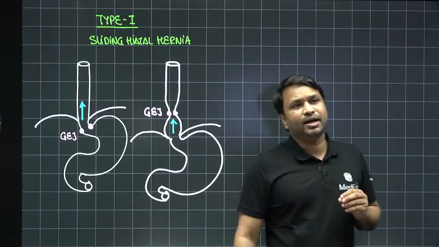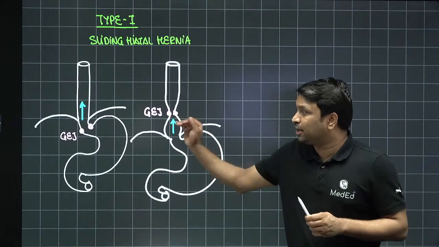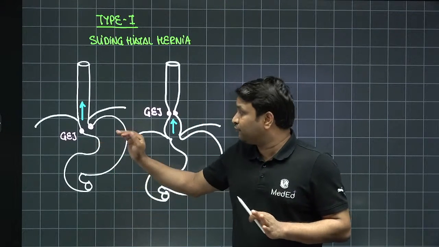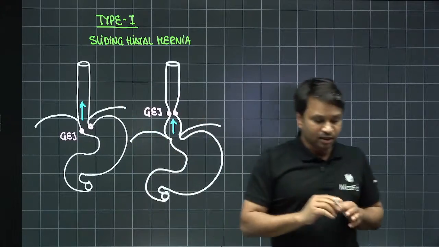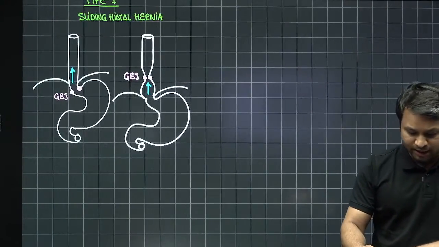So when I say sliding hiatal hernia, it is the cranial migration of the gastroesophageal junction from the intra-abdominal cavity into the intrathoracic cavity. So what is your sliding hiatal hernia?